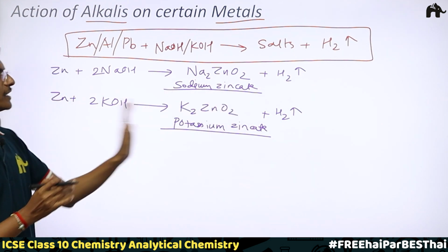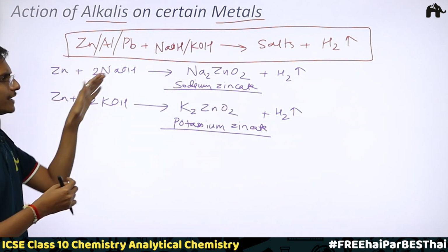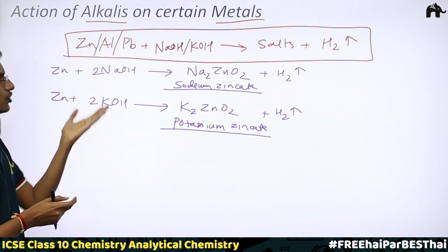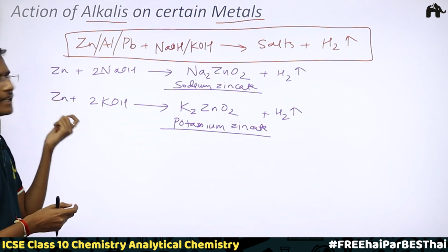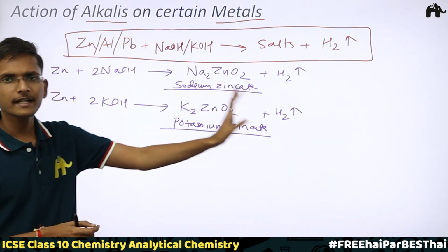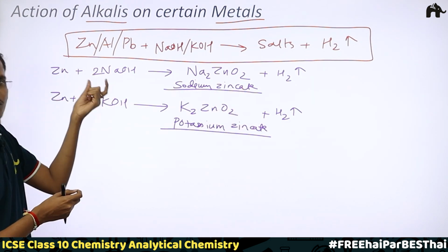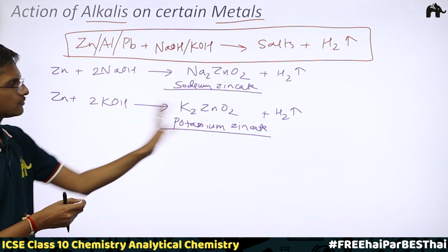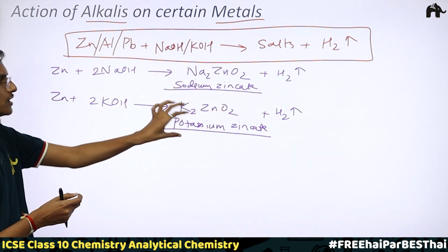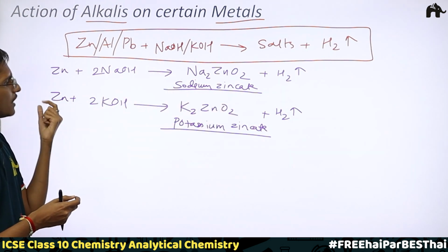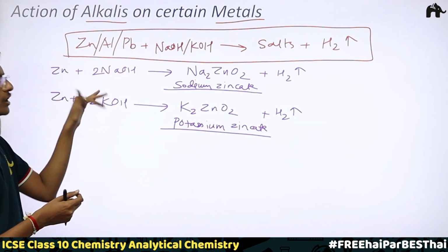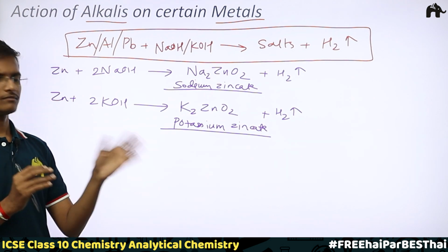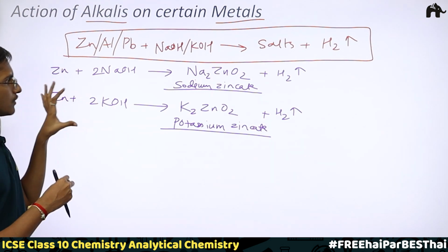This is a simple trick. If you are asked to write the reactions for both the action of sodium hydroxide as well as potassium hydroxide on a certain metal, once you write one reaction for sodium hydroxide, for potassium hydroxide you just repeat the same reaction with slight changes, and the balancing would also be the same. So I have told you a trick.